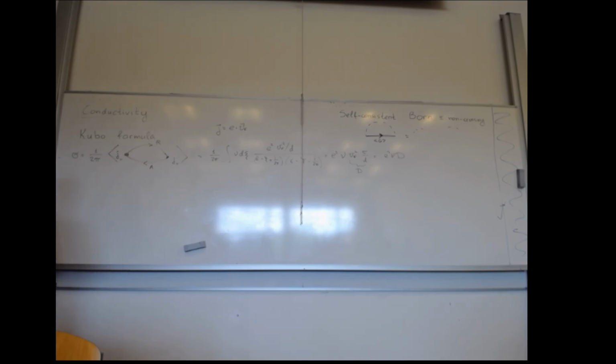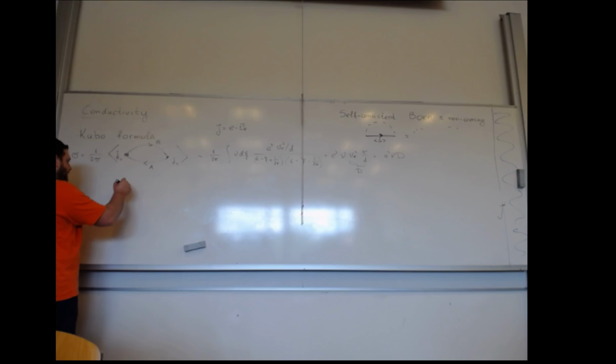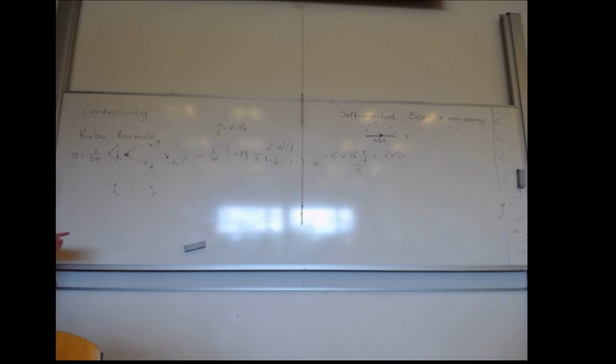Why did we not insert diffusion on the side? You mean why we do not insert the dashed lines? That's very simple. Consider a diagram with just a single dashed line. The new thing here is that we have these current operators, and they are actually vector operators.